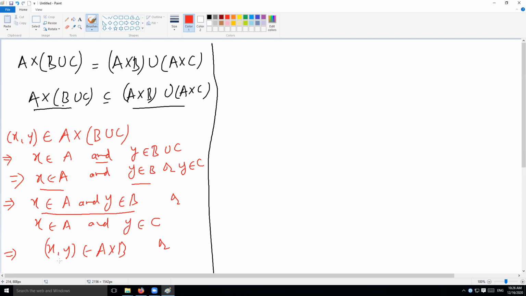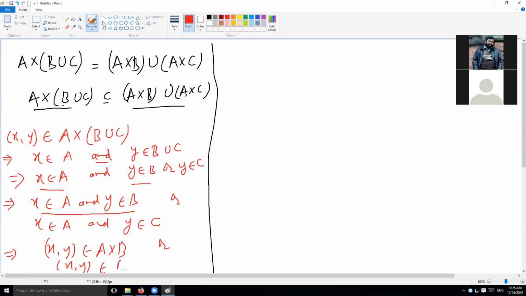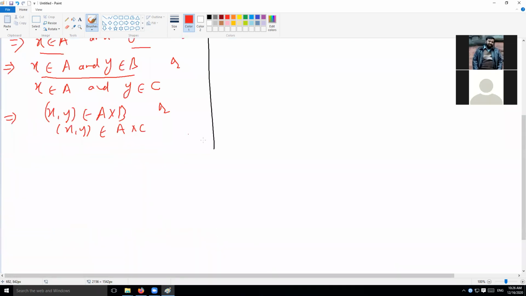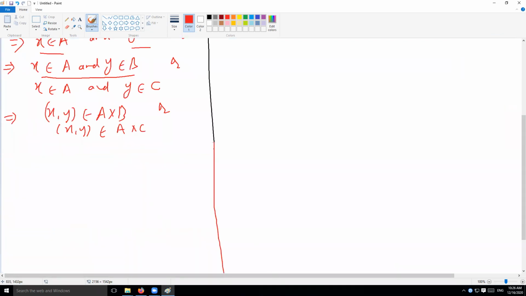Or XY belongs to A cross C. So either XY is inside A cross B or XY is in A cross C. And therefore, what did we get?